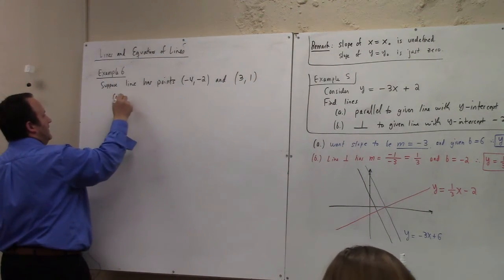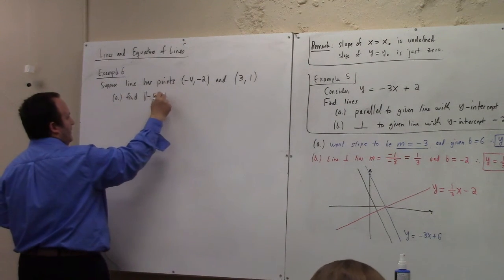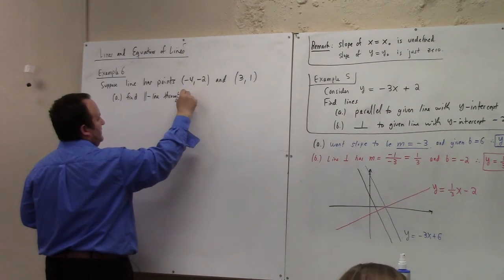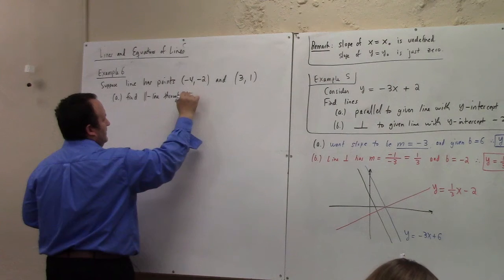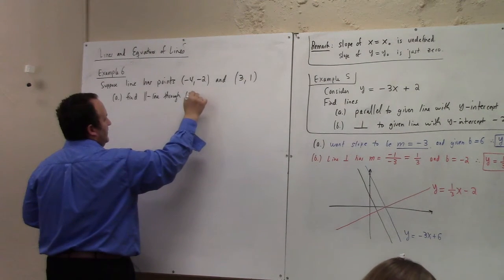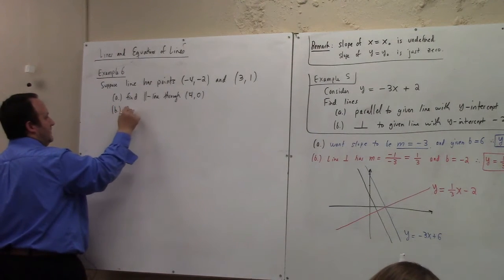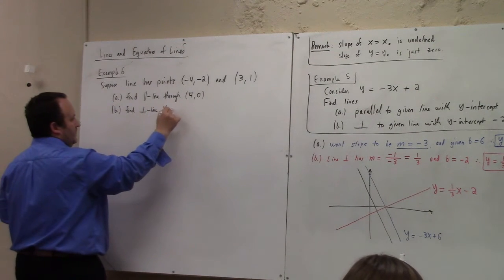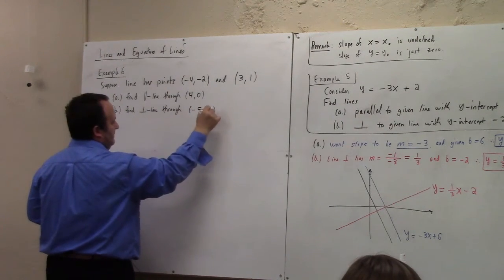A. Find the parallel line through 4, 0. And then B, find the perpendicular line through -5, 3.